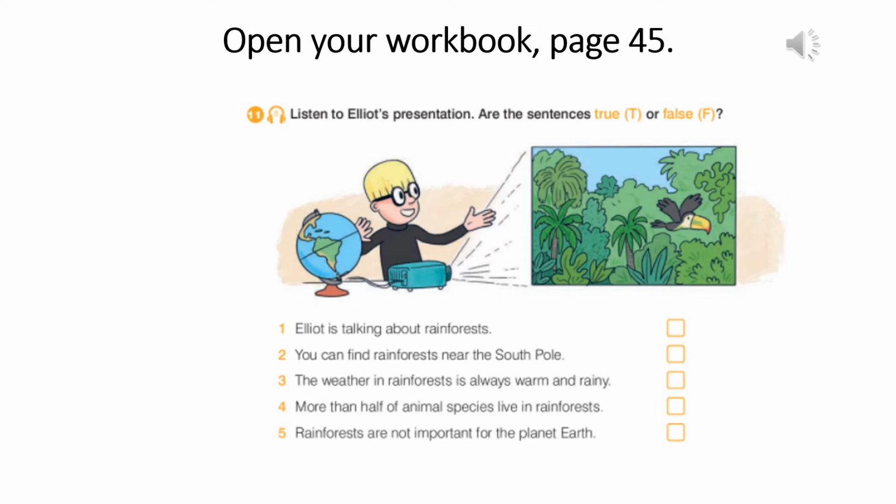But the weather is always very hot. The temperature never goes under 20 degrees. More than half of the world's animal species live in rainforests. That's why rainforests are very important for life on our planet. Thank you for listening. Have you got any questions?